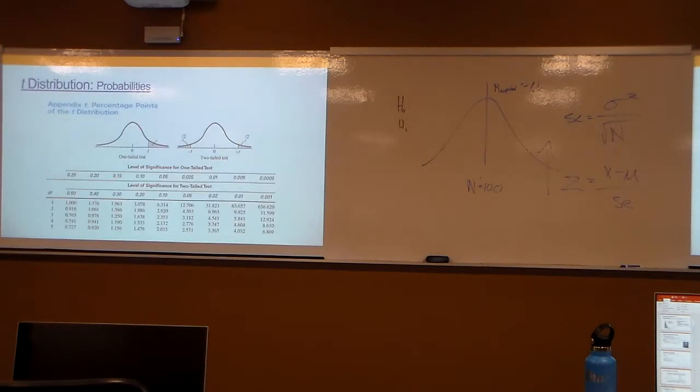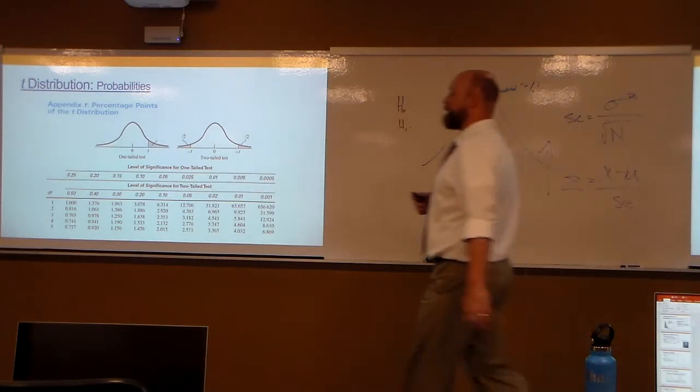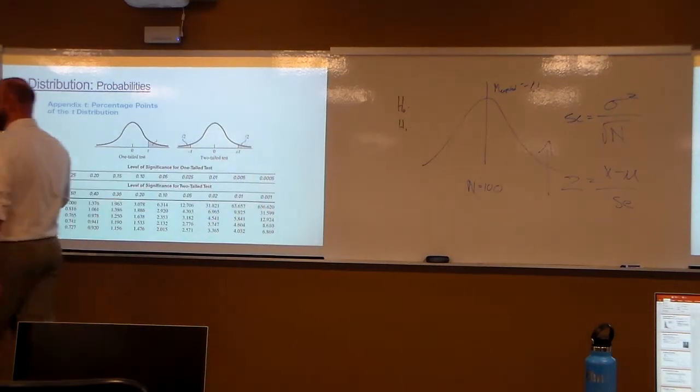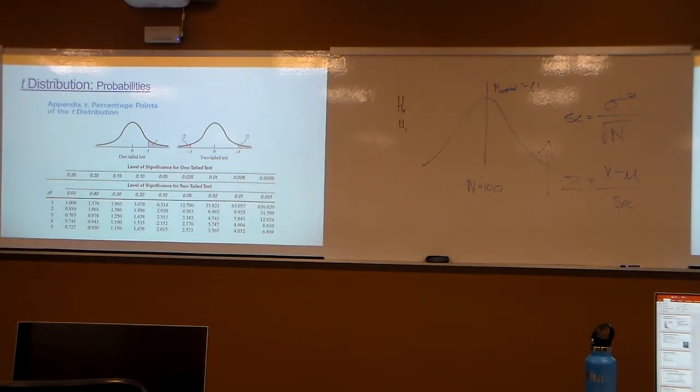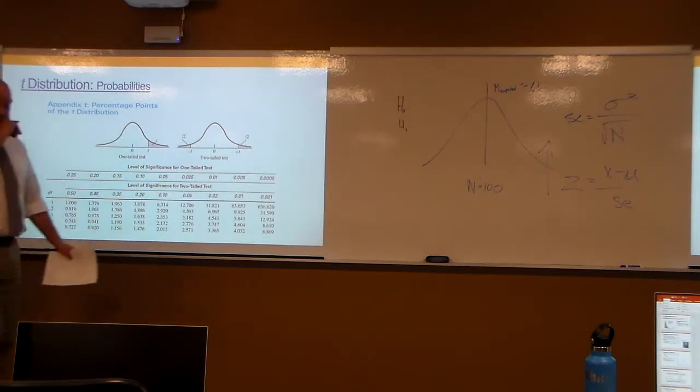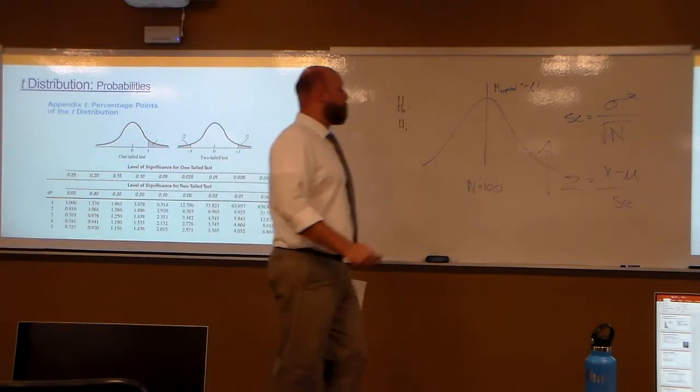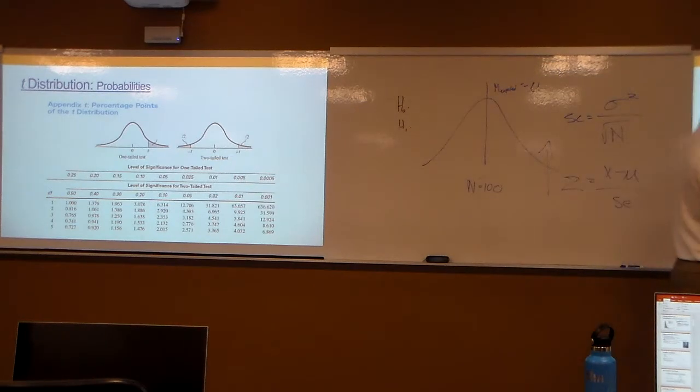So, all right, I handed out your t-distribution, or your t-tables, last time. You can find these in a statistics textbook. The one I gave you is from Howell. It's pretty slick. What we'll see here on the front is this is for one-tailed tests.